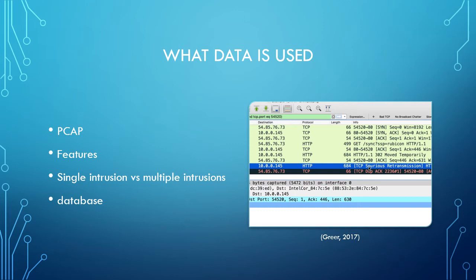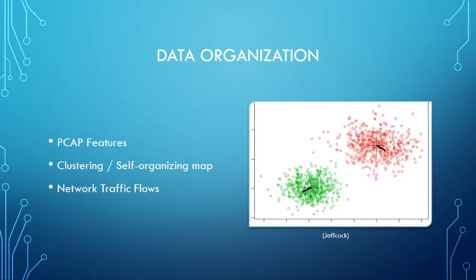Now let's move on to how the data can be organized. So the PCAP data can be organized in several different ways. First, and one of the most common, is just using the PCAP features and inputting different features from when an intrusion is occurring on a network versus when intrusion is not occurring on a network. However, there's some more advanced methods that are used for intrusion detection, such as clustering and self-organizing maps.